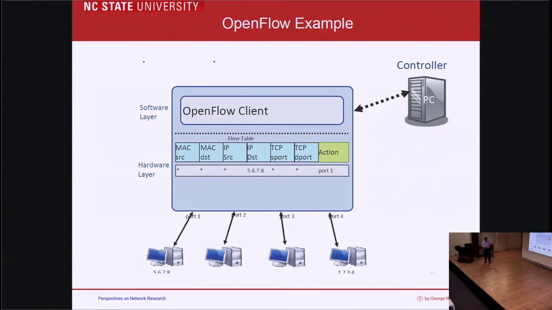The actual forwarding will be done by this machine, in hardware. As soon as you put in these rows in the table that determine what to do with this flow, the forwarding itself will be in hardware.